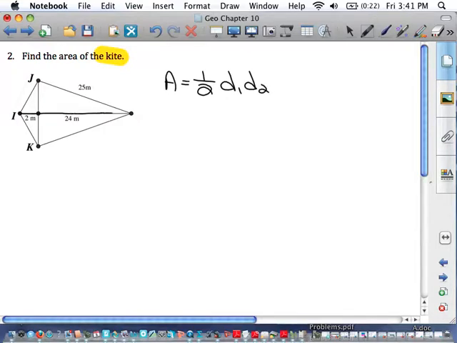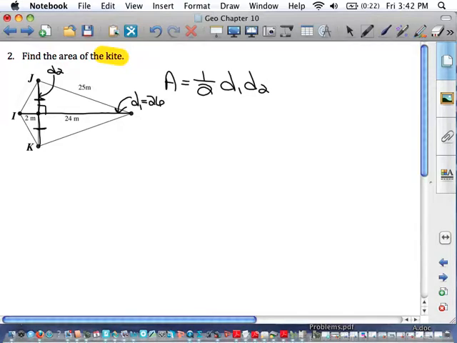So if I call this diagonal 1, I can see that that is equal to 26. If I call this diagonal 2, I know that I don't have any information about that at this point. But I know it's a kite, so I know that these two segments are congruent. I know that this is a right angle, and so I know that I can use the Pythagorean theorem.